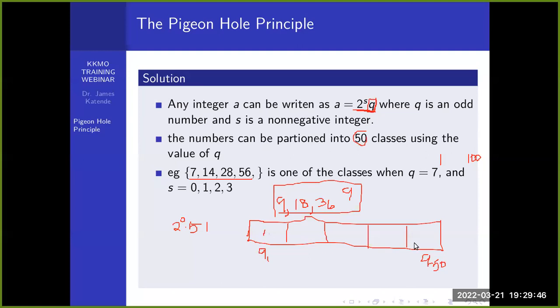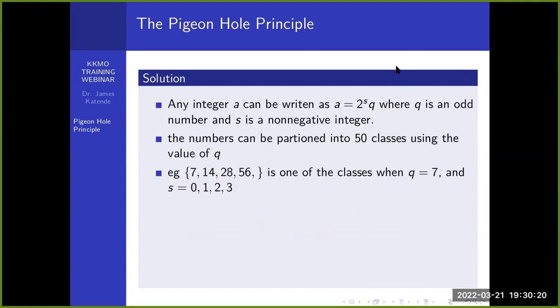And you still have one more, which must fit into one of these boxes. So the 51st number fits here. And any pair that you pick from this box, one must be a multiple of the other because of how we constructed the box. So that's the strategy behind the solution.